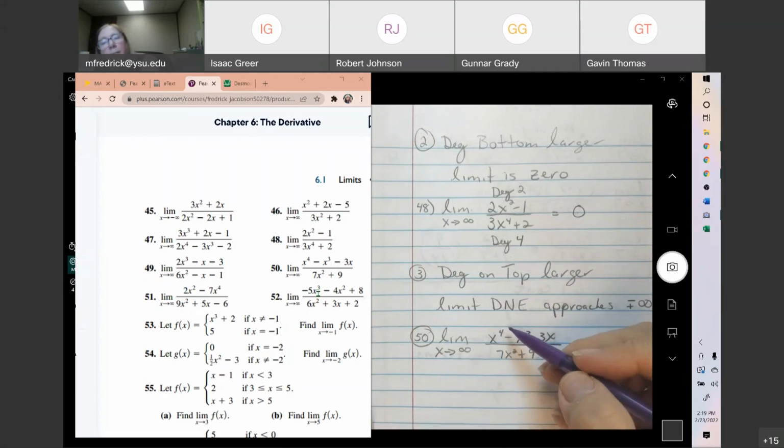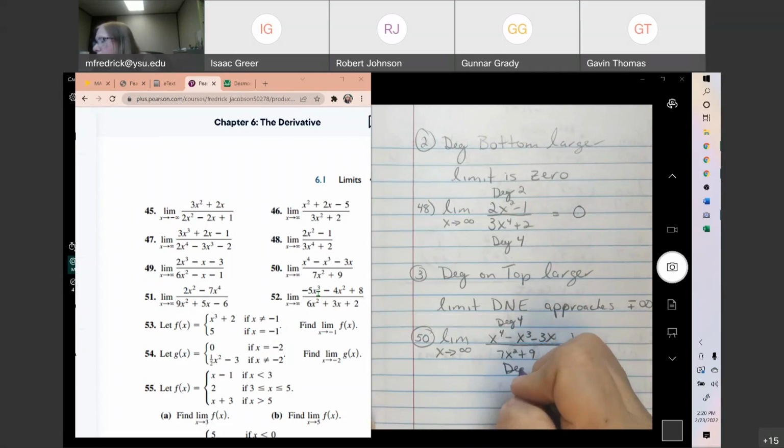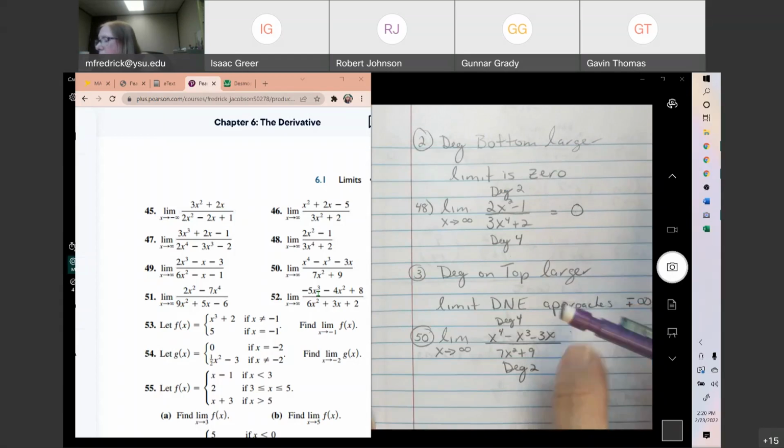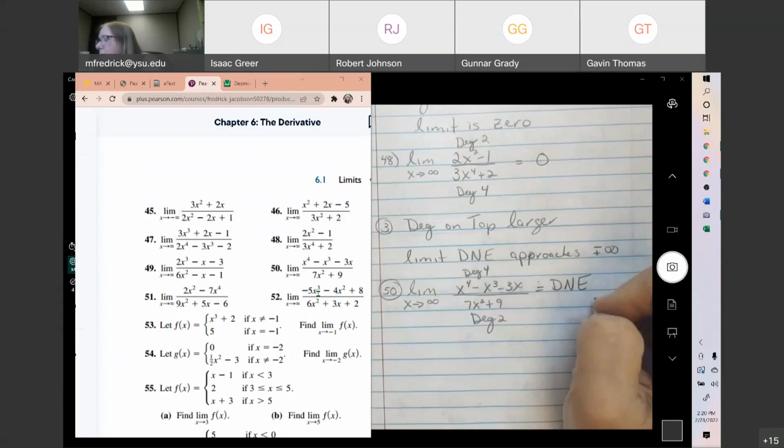The degree on the top, 4. The degree on the bottom, 2. So the degree on the top is larger. So the limit does not exist. So then we need to decide if it's positive infinity or negative infinity.